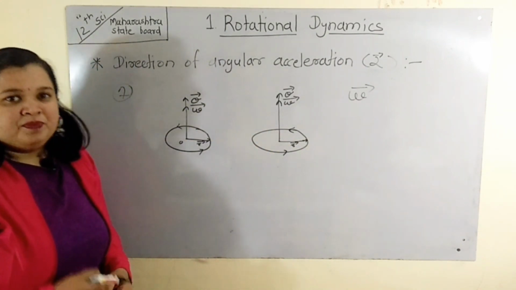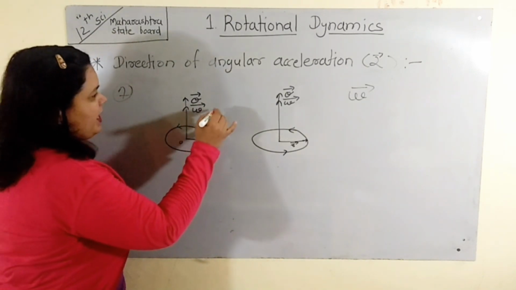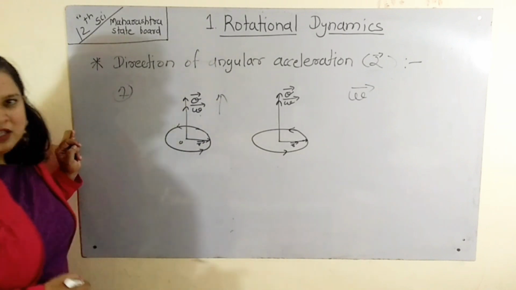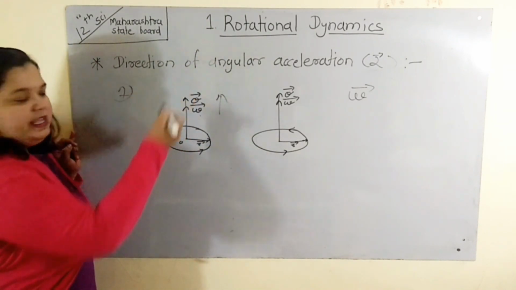Now consider the first case, suppose omega goes on increasing, that means the angular velocity of the particle goes on increasing.